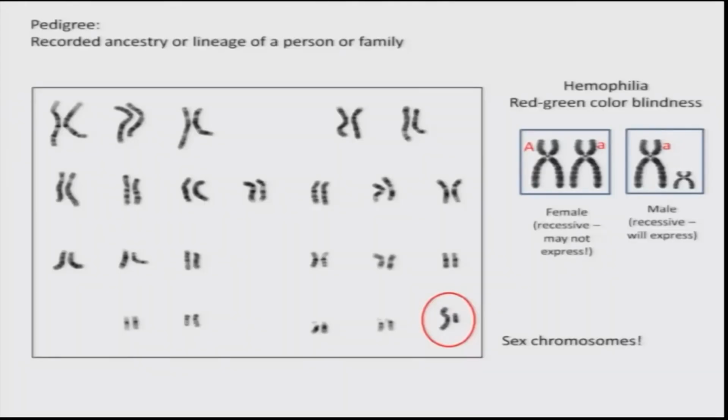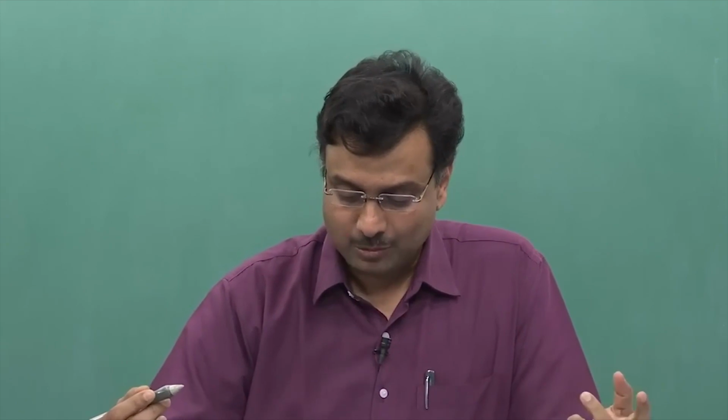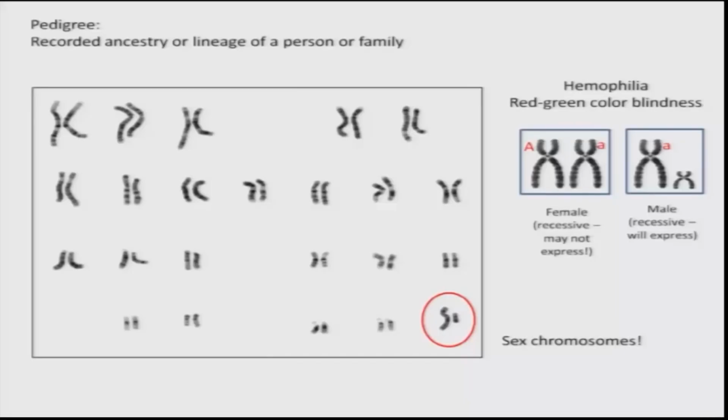For example, let us assume that you are looking at a phenotype resulting from a recessive condition, meaning both the alleles should carry the mutant allele, and only then would you have a phenotype.